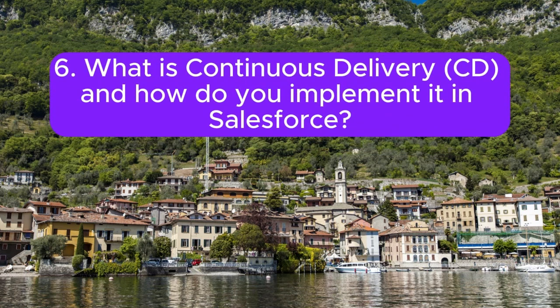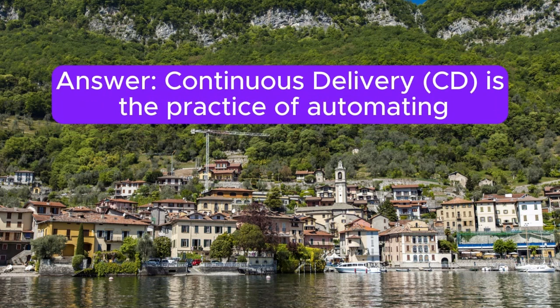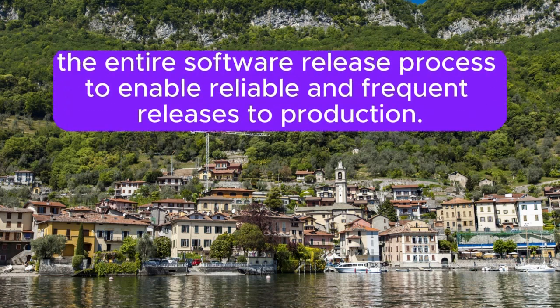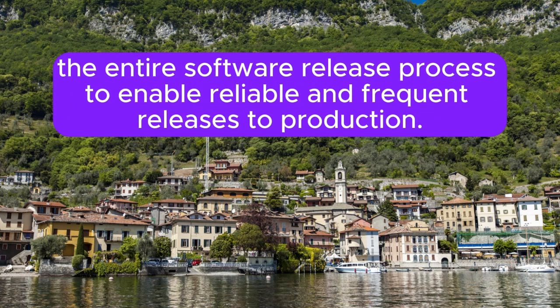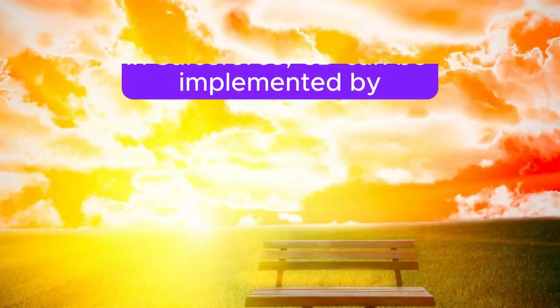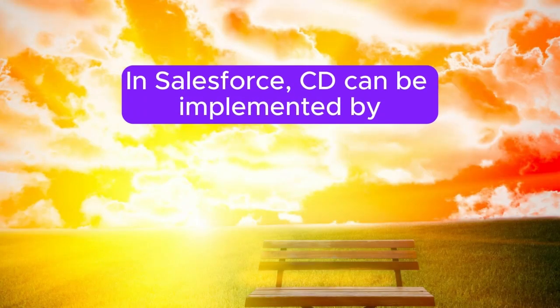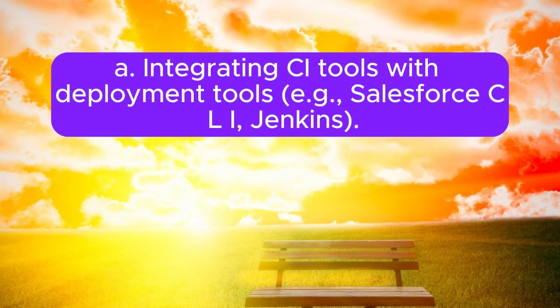6. What is continuous delivery (CD) and how do you implement it in Salesforce? Answer: continuous delivery (CD) is the practice of automating the entire software release process to enable reliable and frequent releases to production. In Salesforce, CD can be implemented by: A. Integrating CI tools with deployment tools, for example, Salesforce CLI, Jenkins.